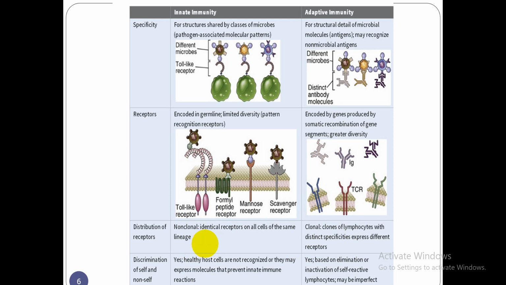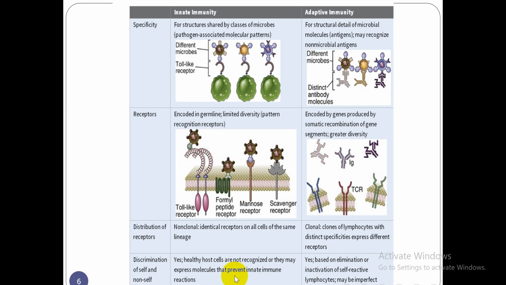About the discrimination of self and non-self, as you see, both systems could recognize self from non-self. In innate immunity, healthy host cells are not recognized, or they may express molecules that prevent innate immune reactions.